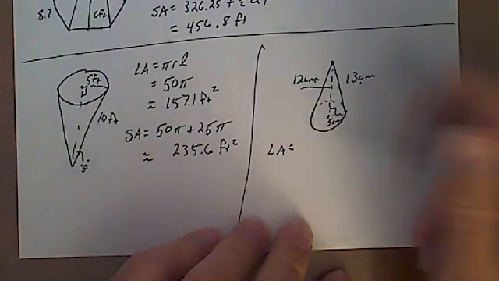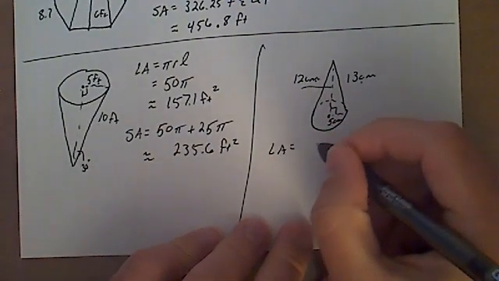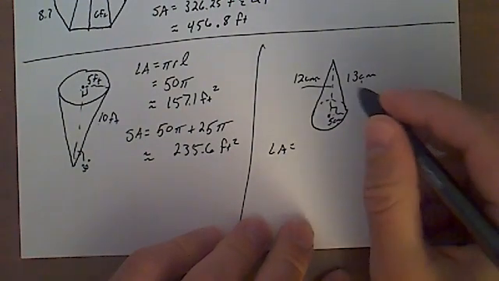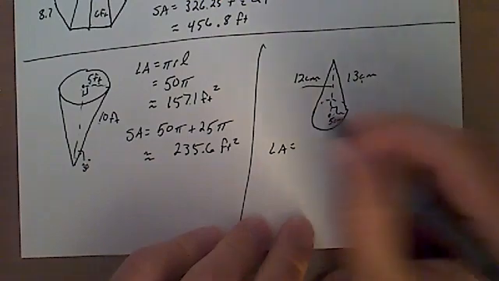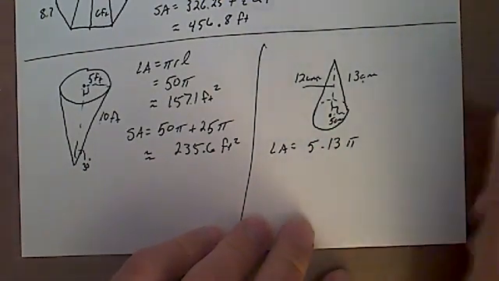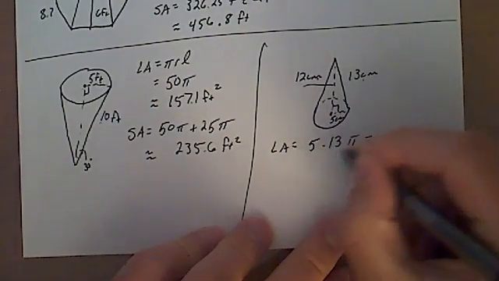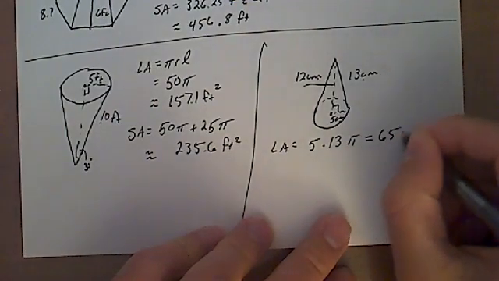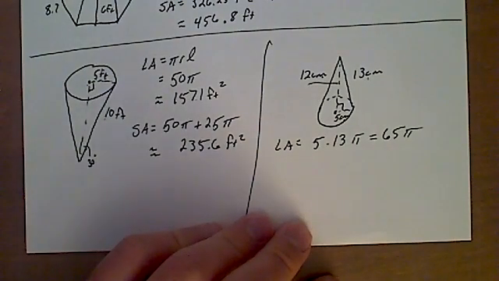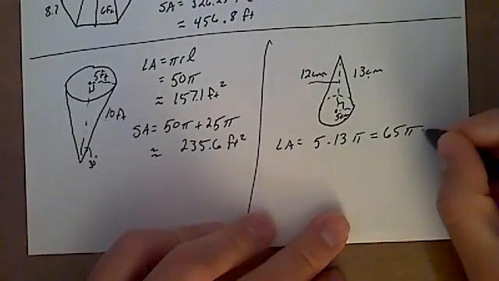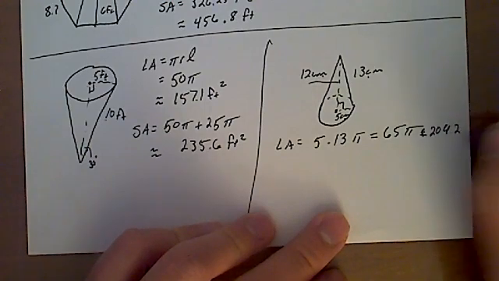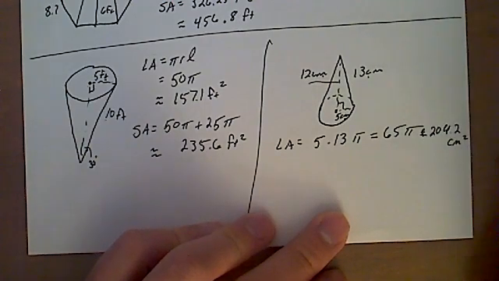We get lateral area is pi RL. R is 5. Slant height is 13. We have 5 times 13 times pi. 65 pi. Excuse me. Which is about 204.2 centimeters squared.